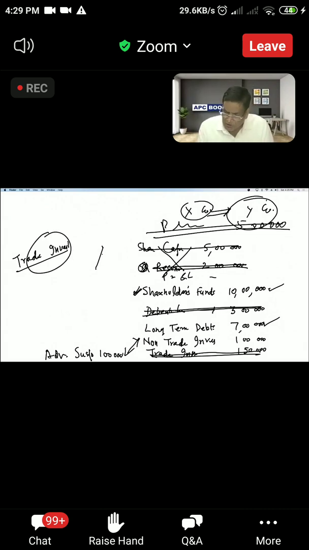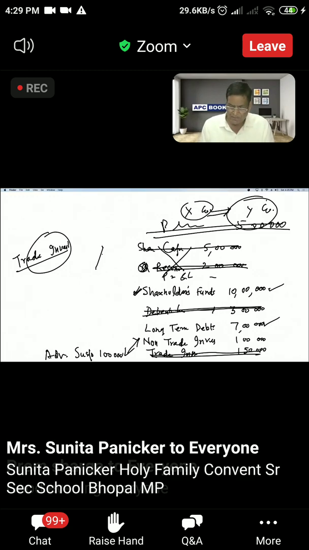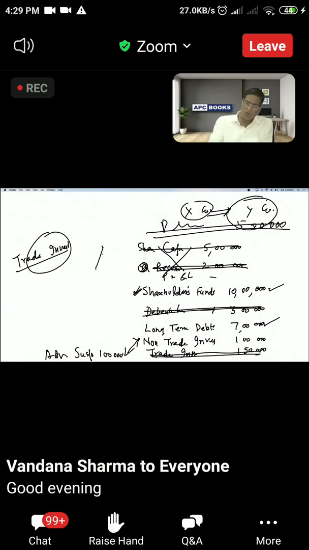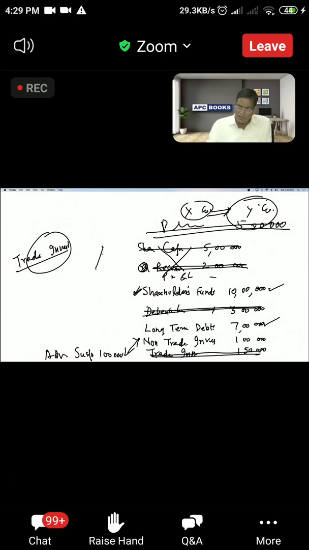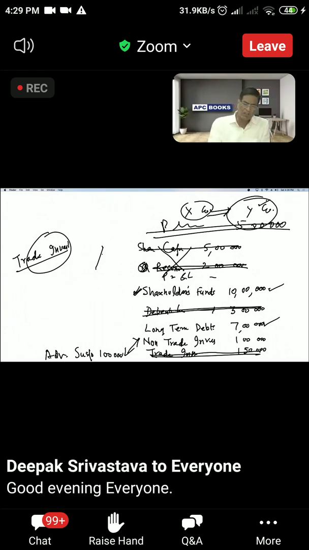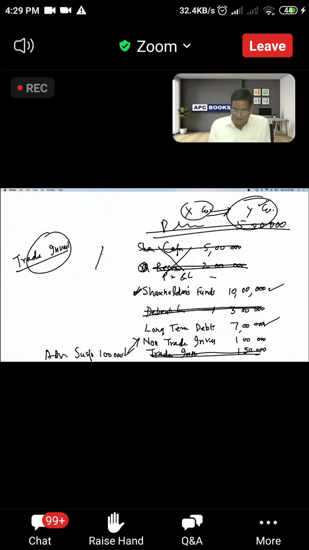Those investments in Y company help us in our business, because having control over a competitor company will be helpful in our business. So they are called trade investments. They will not be deducted.